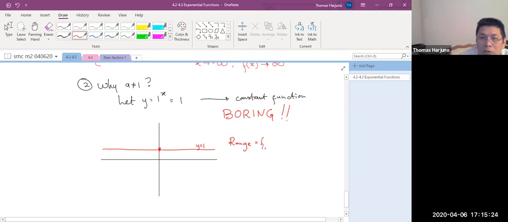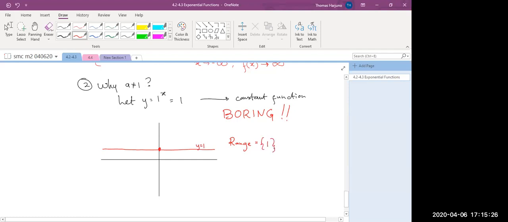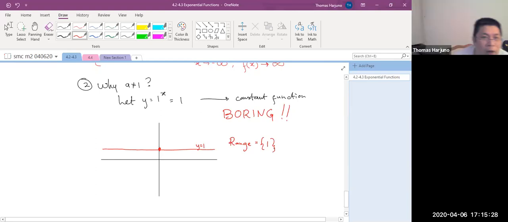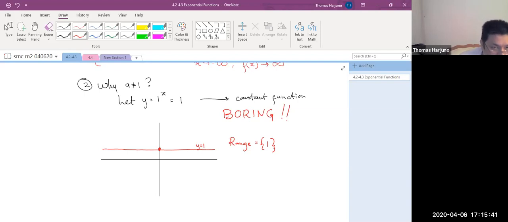The range is actually only 1. Whatever x you plug in, the output will be 1. So the range already changed. If the base is different from 1, however slightly different it is, the range suddenly becomes 0 to infinity. But once the base equals 1, it suddenly becomes a constant function.